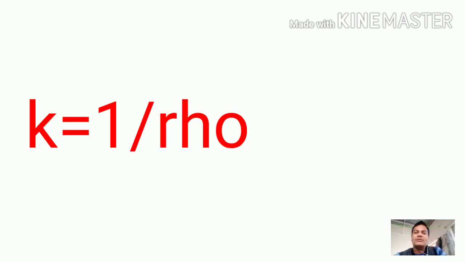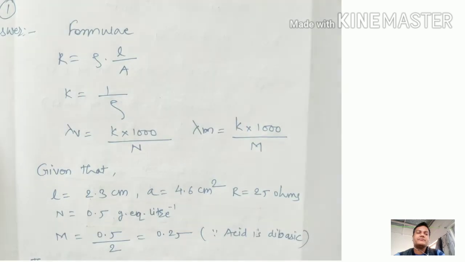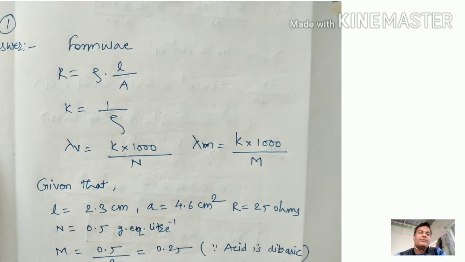Then the formula for specific conductance is simply the reciprocal of specific resistance, that is K is equal to 1 by rho, and the formula for equivalent and molar conductance, that is lambda V is equal to K into 1000 by N, or lambda M is equal to K into 1000 by M, that is for molar conductance.